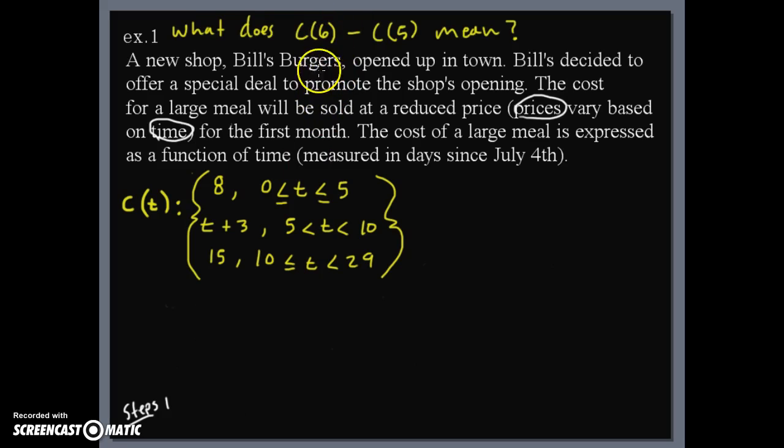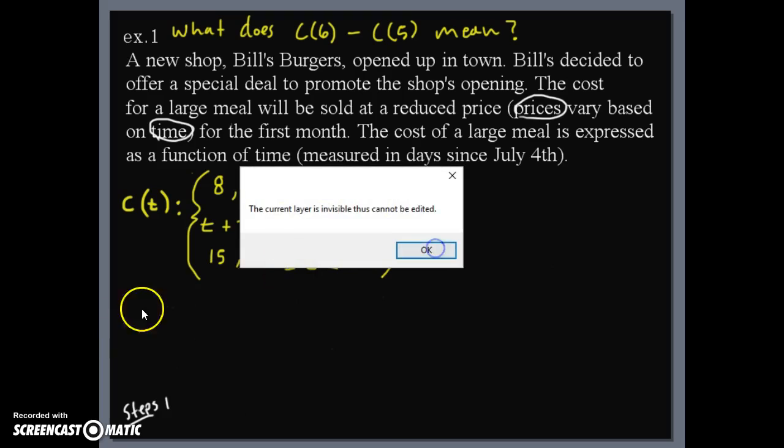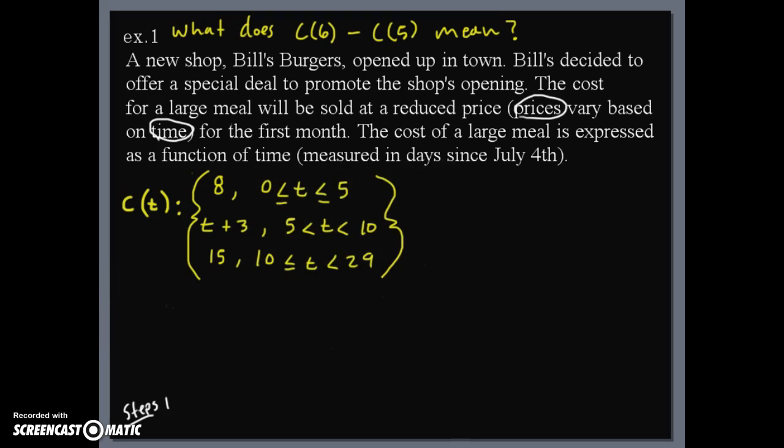Well, now it's asking us, what does subtracting these two mean? Well, we know that 6 days from the 4th, and that kind of gets a little confusing, was the 10th, right? Because 6 plus 4 would be the 10th. So we're taking the cost of a large meal from July 10th, versus the 5th, 5 days from the 4th, would be the 9th, versus the 9th.